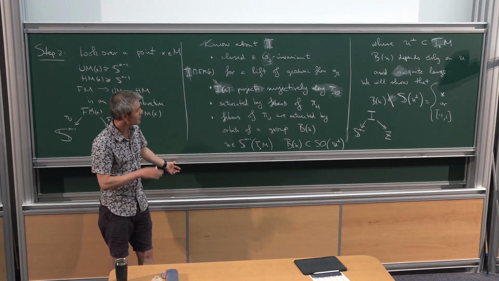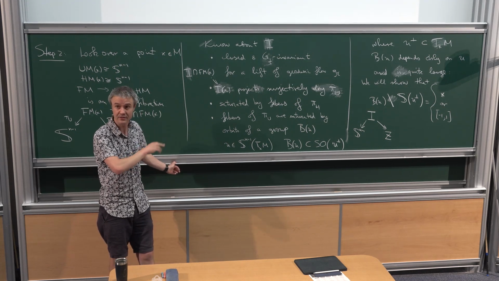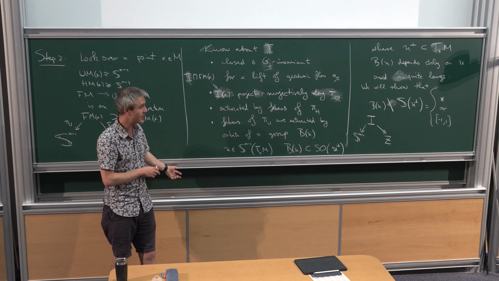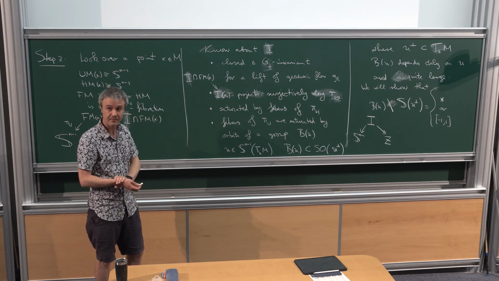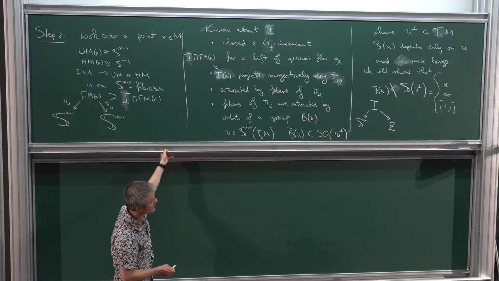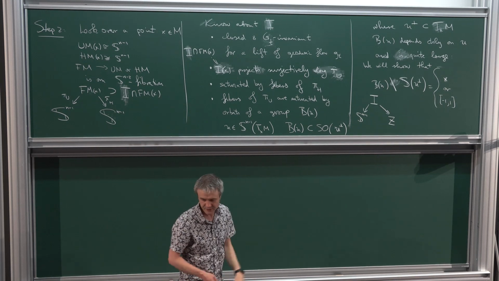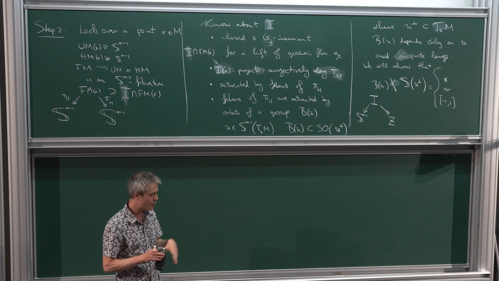Yeah, that's a good point. Nothing in this argument uses the analytic property. Analyticity is only used in step 1. To get that this group B is fairly large, you don't need analyticity.